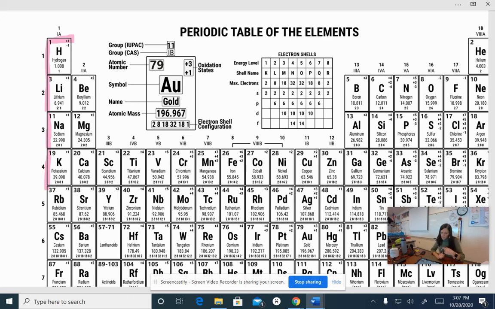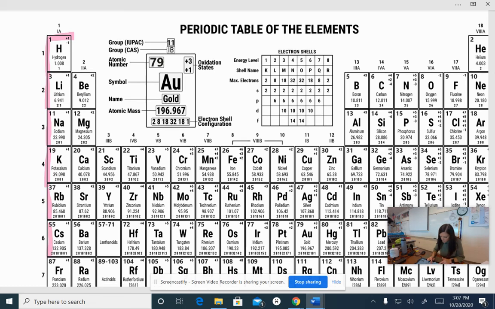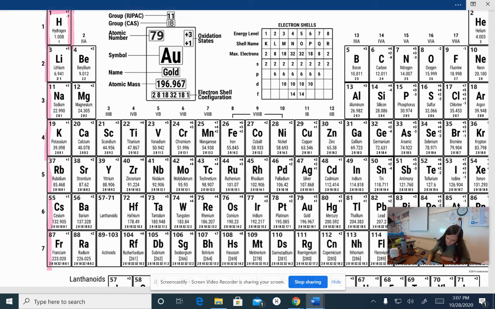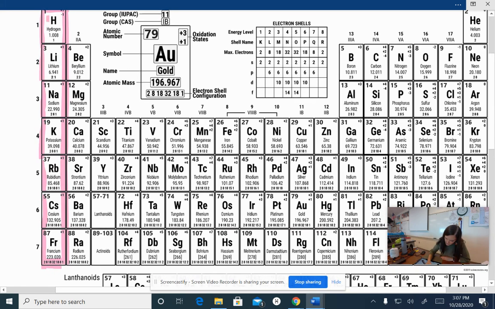So do you think the same pattern would be true for the rest of them? Rubidium and cesium and francium? Yeah, it is. That same pattern does hold true. So this very first column right here, these guys all have one valence electron and only one.